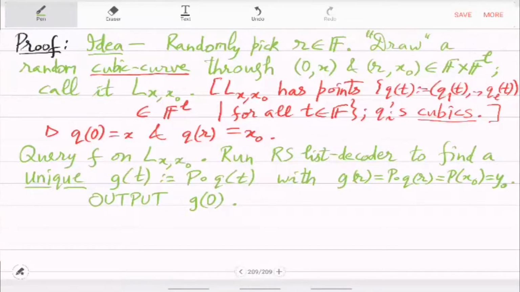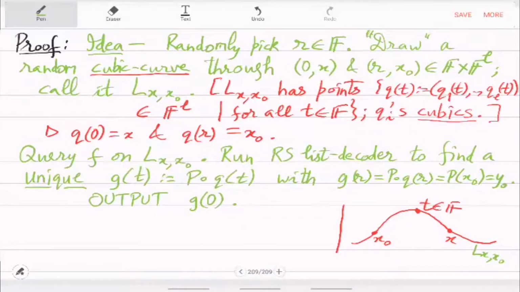Okay. So, the picture that this requires is we have drawn a curve which has x0 and it has x and it has this general T going over the field element, and that's your L. Basically it had to pass through 2 points and still have some freedom.